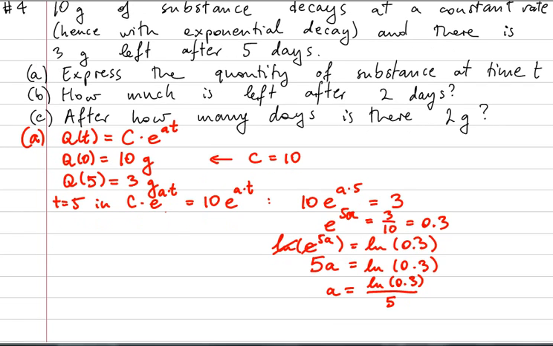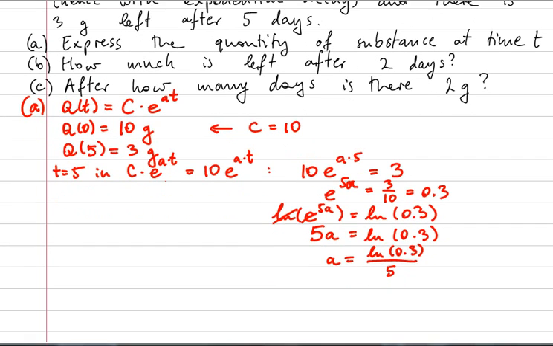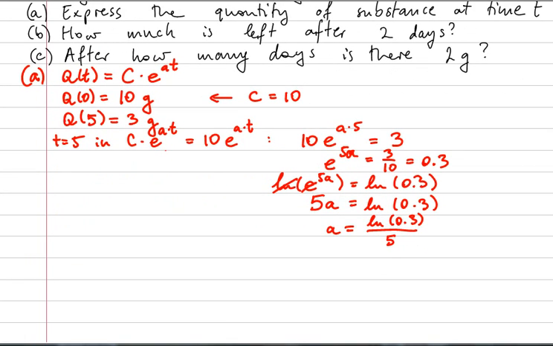Let's see part B. How much is left after 2 days? Now that we have found the quantity at any given time, which by plugging in these numbers is 10 times e to the ln 0.3 over 5 times t. After we have this quantity at any time t, part B is just a matter of plugging in t equals 2.